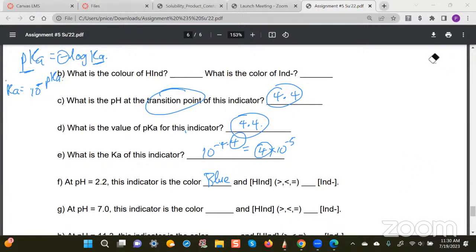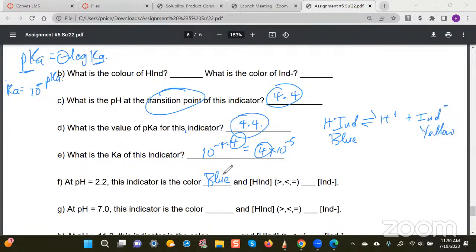Okay, so now remember, the equation that you would have answered in the first part would be HIND dissociating to form H plus and IND minus, right? And based on what we said earlier, the color of the HIND molecule is blue, and the color of the conjugate base is yellow for this indicator, right?